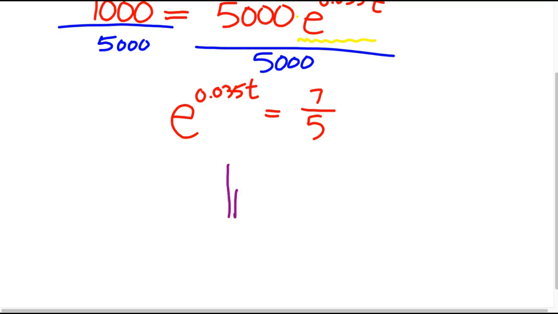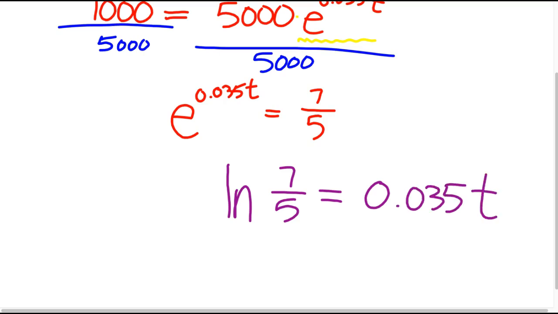So I'll go natural log. It has a base of e already, so you don't have to type in e. Some people were typing e in their calculator and it was goofing them up. You don't have to. If you type natural log, it's implied that the base is e. So natural log of 7/5 is equal to 0.035 t.